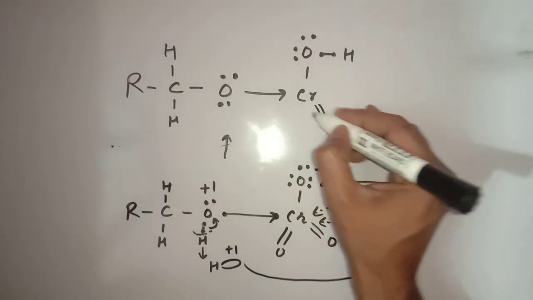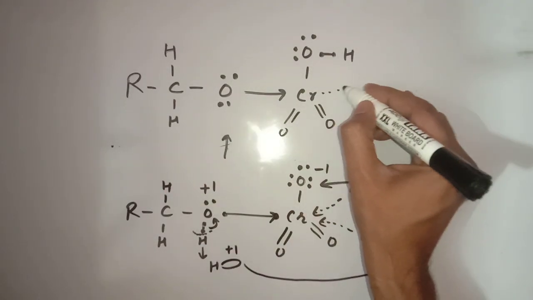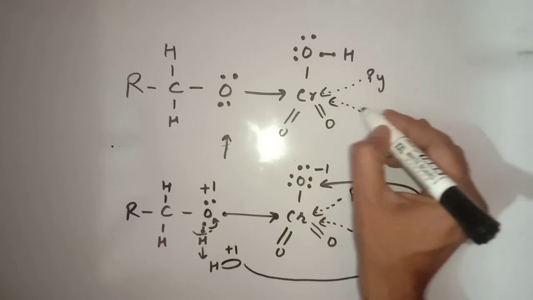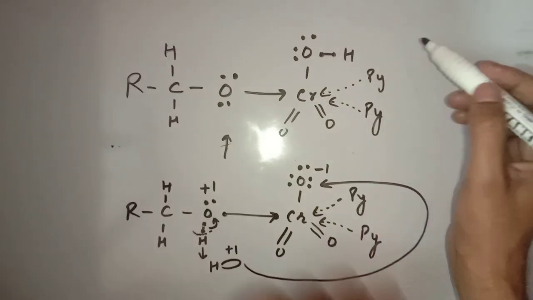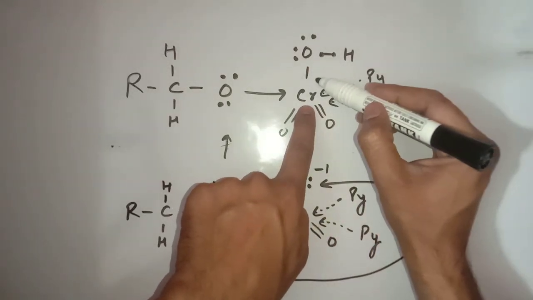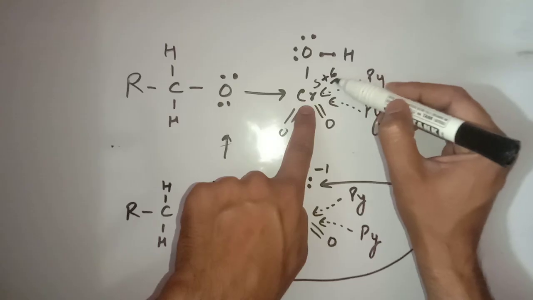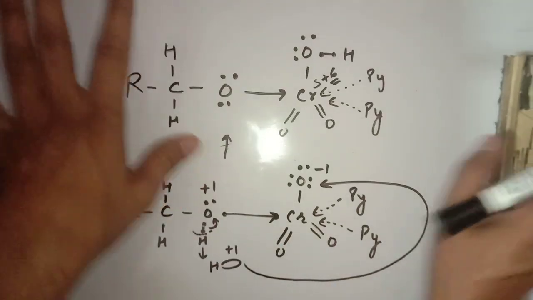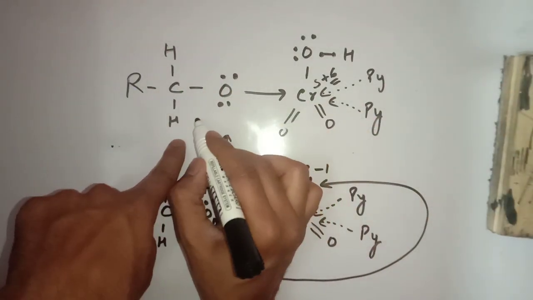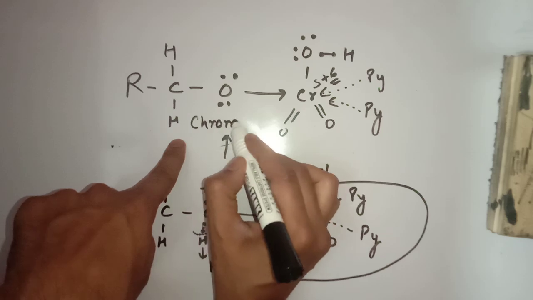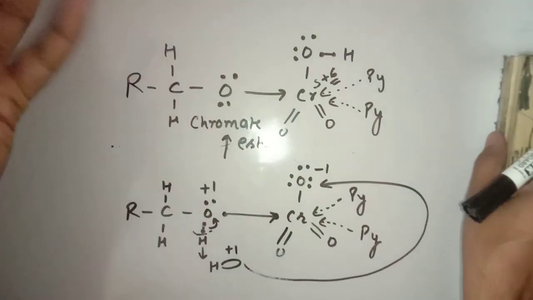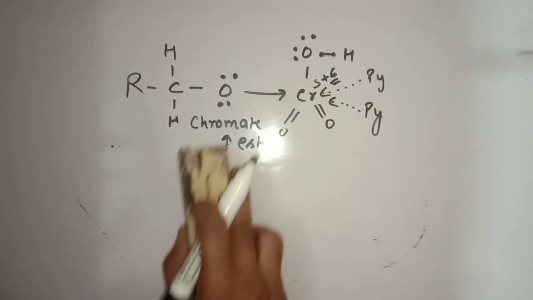The rest of the part remains as it is, no change. Still you will find chromium is in the +6 oxidation state. This one. What is this? This is the chromate ester intermediate. Chromate ester. In previous videos, many a time we have used it.